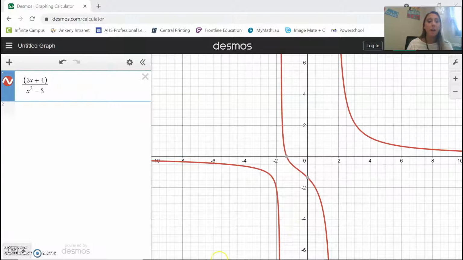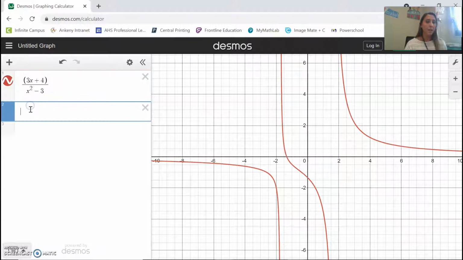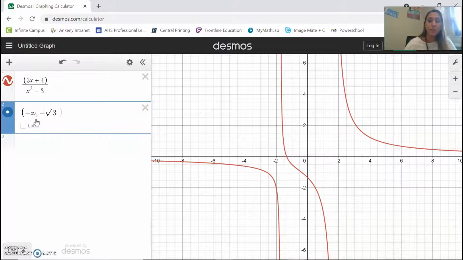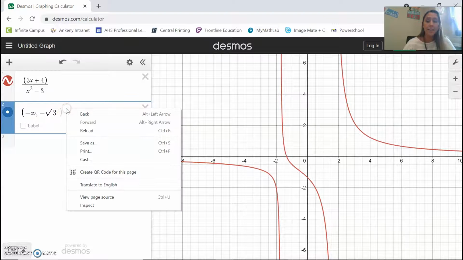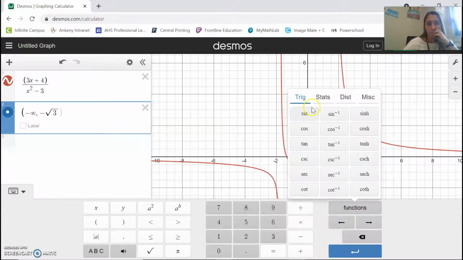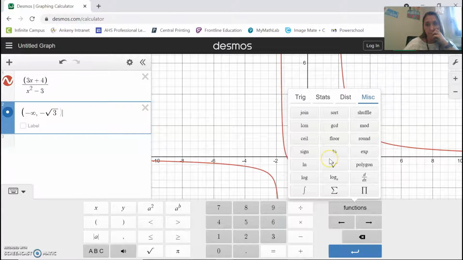So the first part of my domain is going to be negative infinity to negative square root of 3, sorry, this is the negative side, and I'm going to have that union.